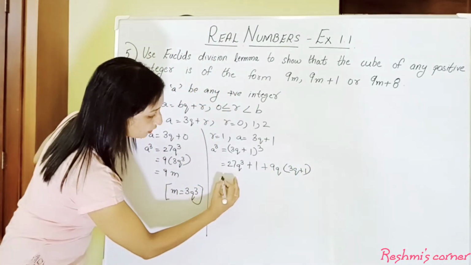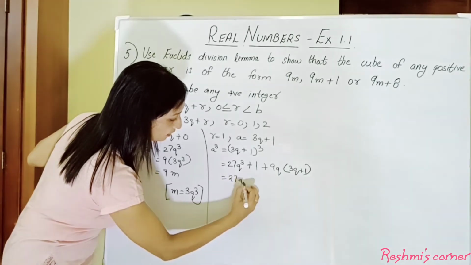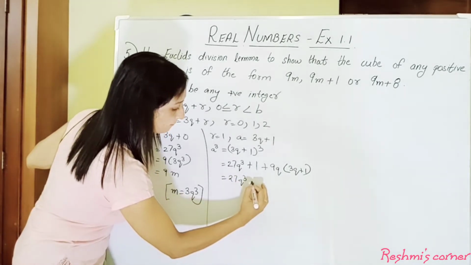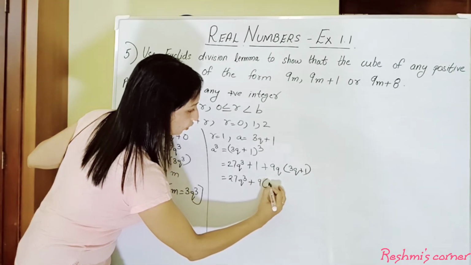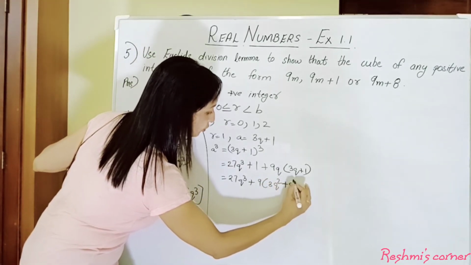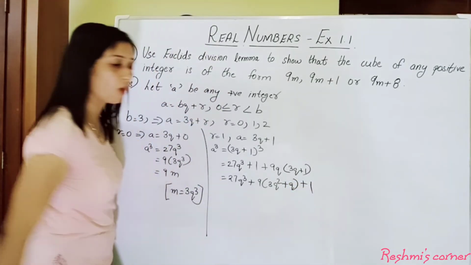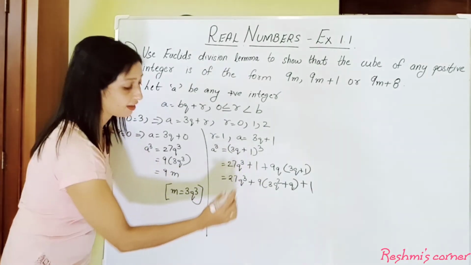Again, we are going to expand this. So that is 27q cube plus 9 into 3q square plus q plus 1. Now, what do we take common? We take 9 common.